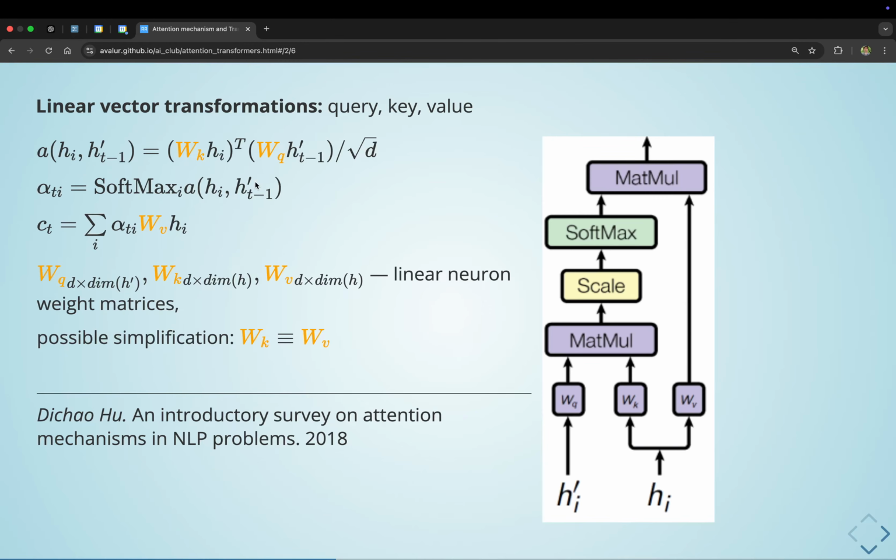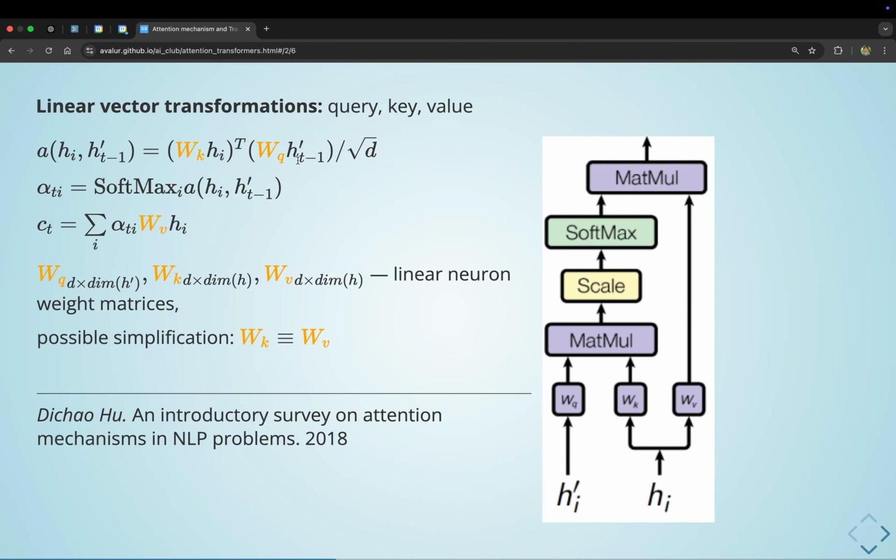So let's go line by line. This is the result, the attention score for the vector h_i from the encoder and the vector h prime t minus 1 from the decoder. We calculate this number. Actually, we first multiply h_i by W_k, k for the keys matrix.